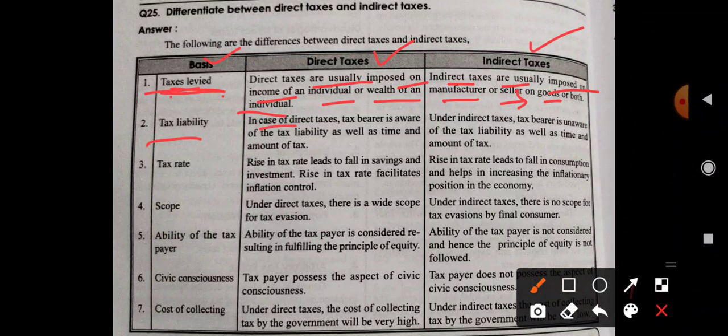Tax liability. In case of direct taxes, the tax bearer is aware of the tax liability as well as the time and amount of tax. How much tax he has to pay, the person who is paying the tax knows beforehand itself, and at what time you need to pay.